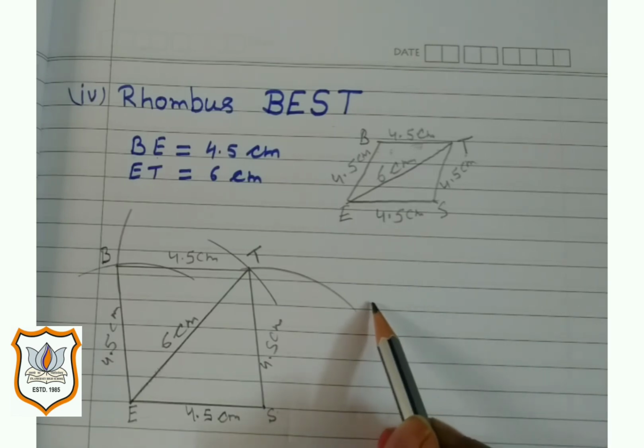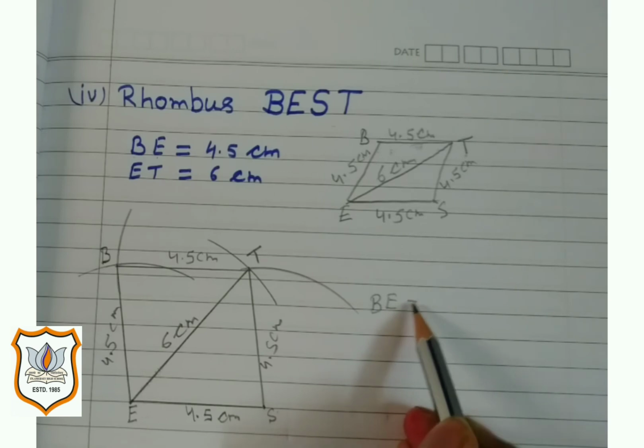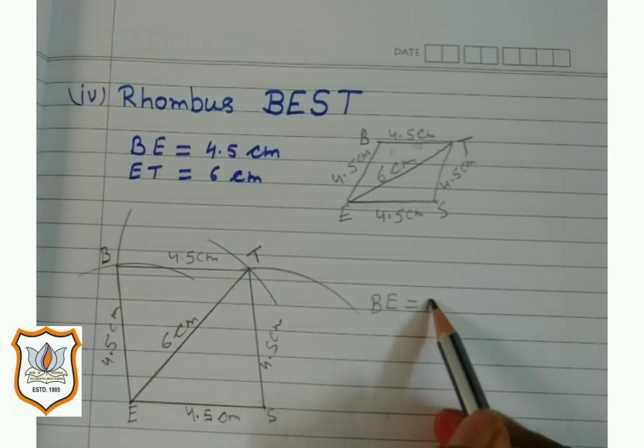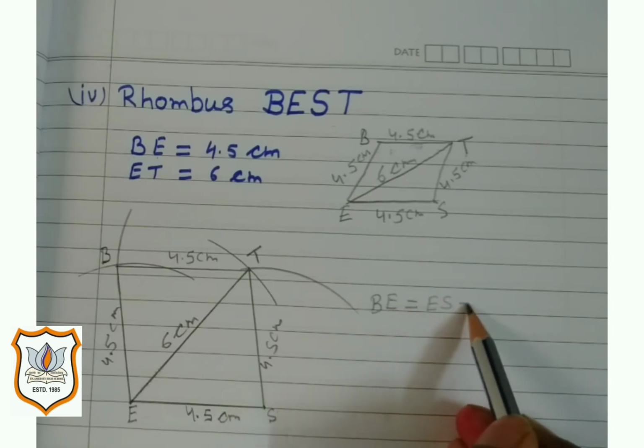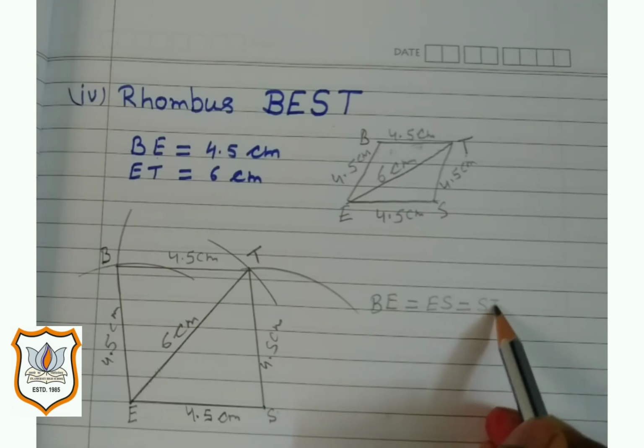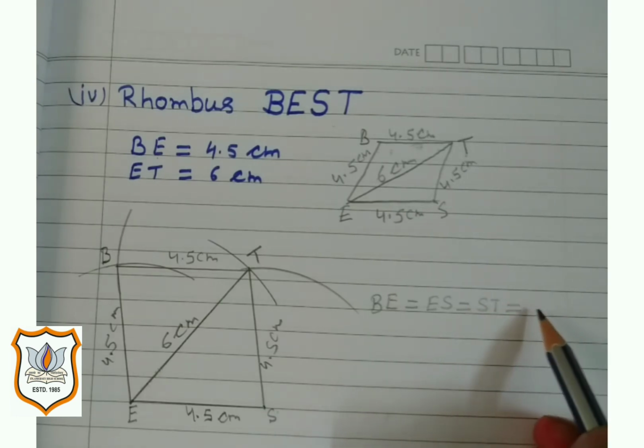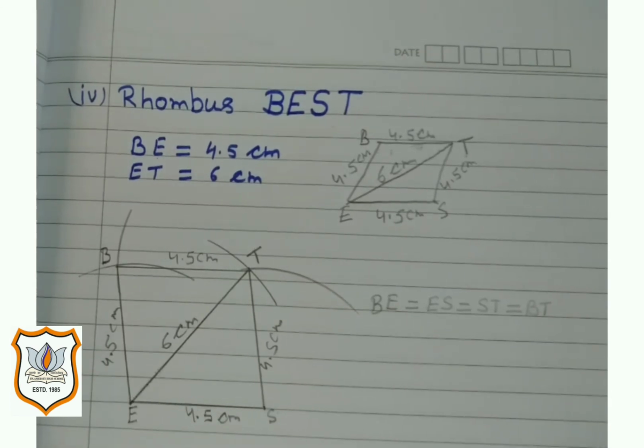So we will write here BE is equal to ES is equal to ST is equal to BT. Clear? You have to write the steps of construction yourself.